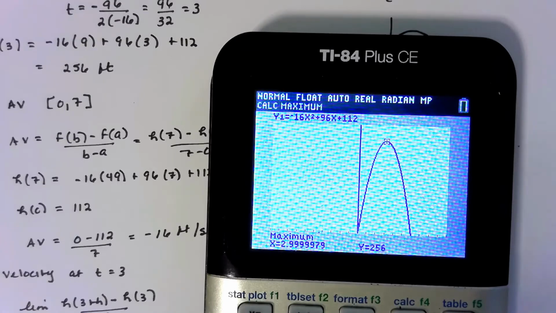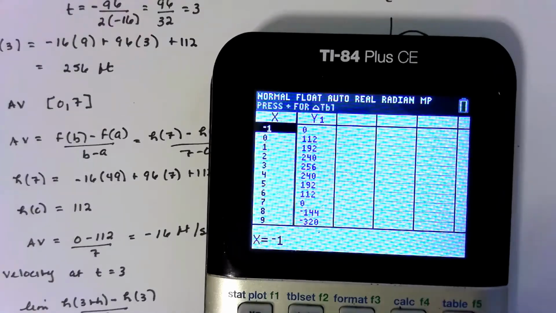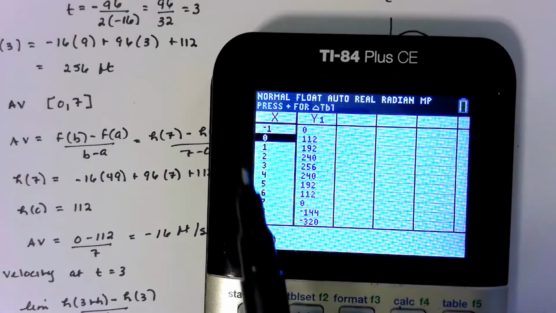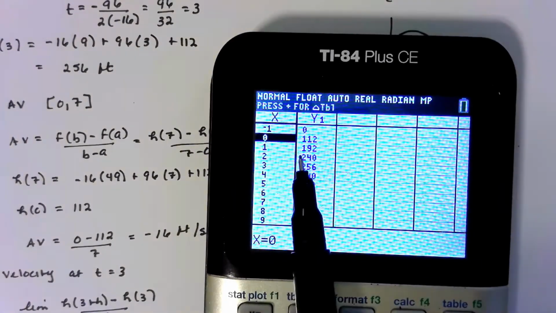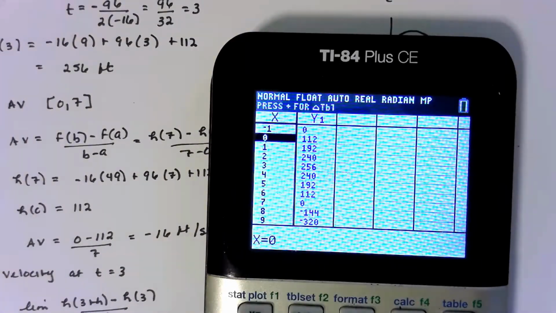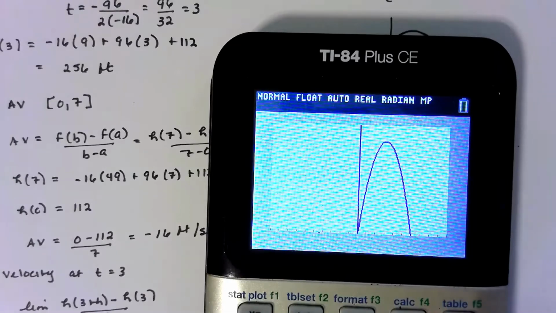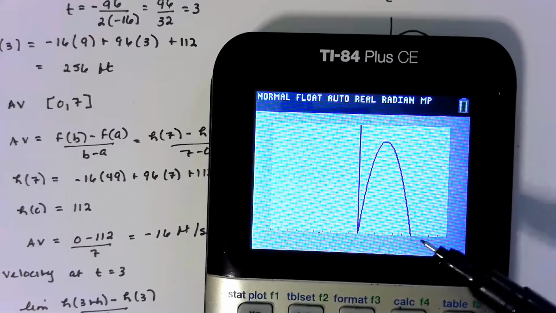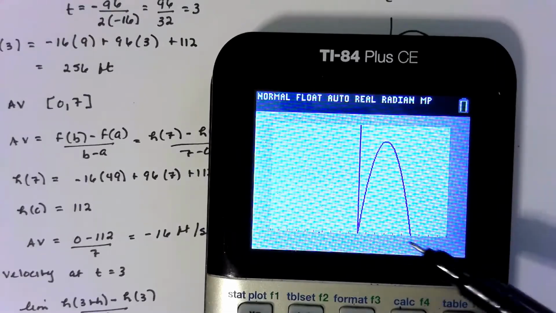In part B, we calculated the average velocity from 0 to 7 because that's what it asked us to do. If you look at your table, at 0, it makes sense, right? If we plug a 0 in, the height's 112. The height's 112 before we even toss the ball. But look what happens at 7. It's an intercept, just like we showed. So you can use your table, you can use your trace key, or in this case you can count because it's right on there.